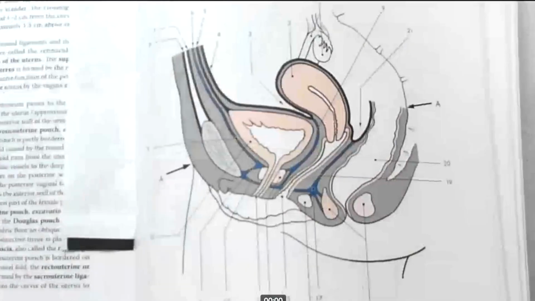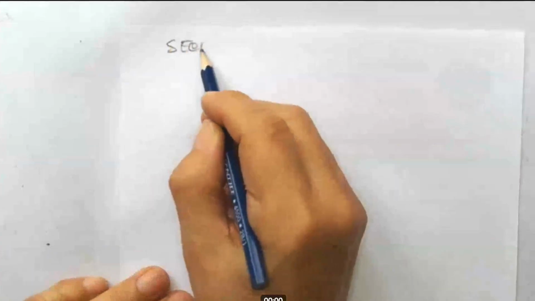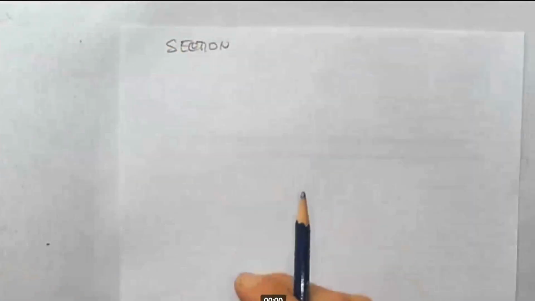So this is the one view concerning the representative section. One section should be completed, one section only. It doesn't matter which one, if male or female.